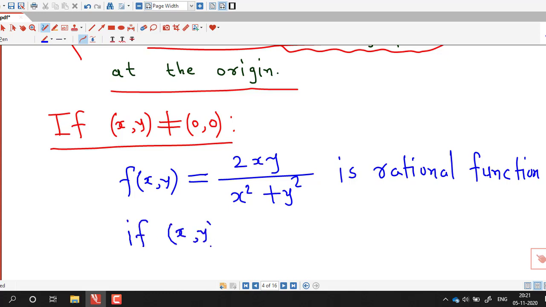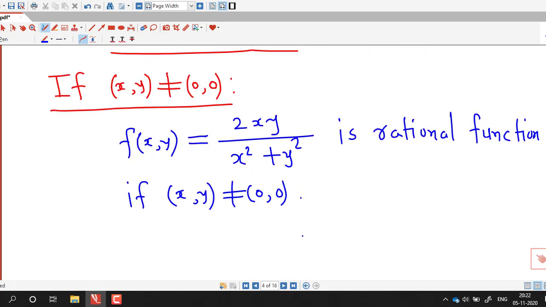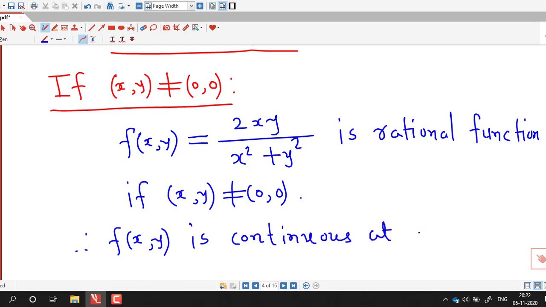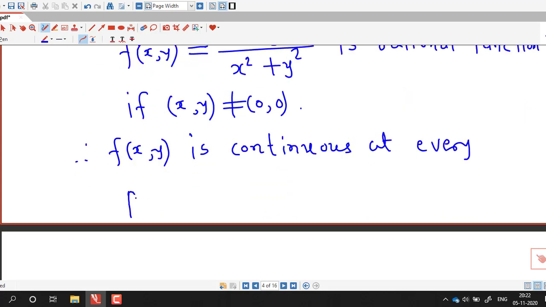And we know that a rational function is always continuous at every point at which it is defined. So we can directly write, therefore, f(x,y) is continuous at every point (x,y) which is different from origin.